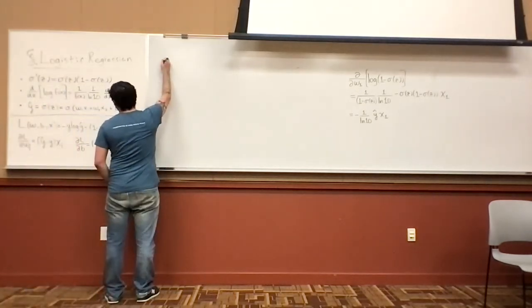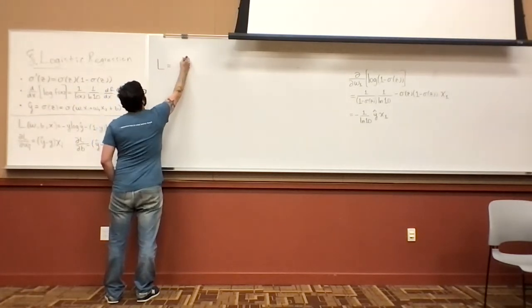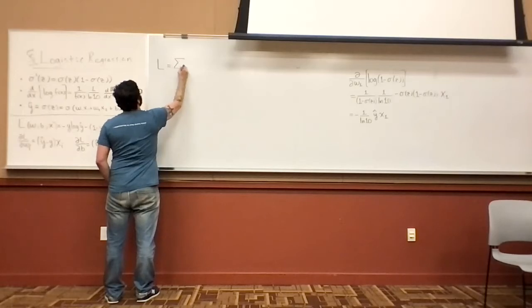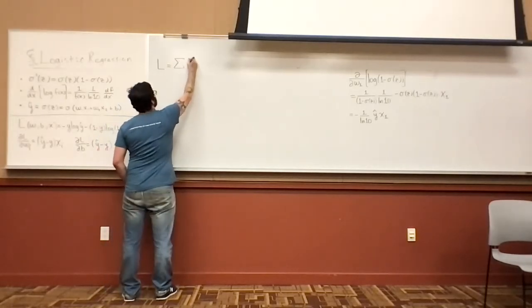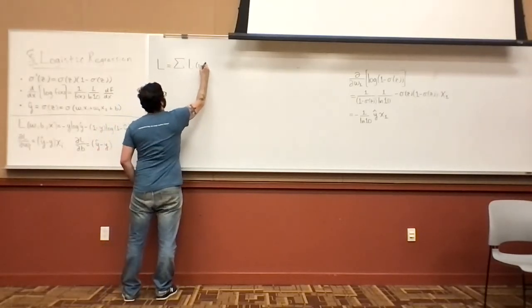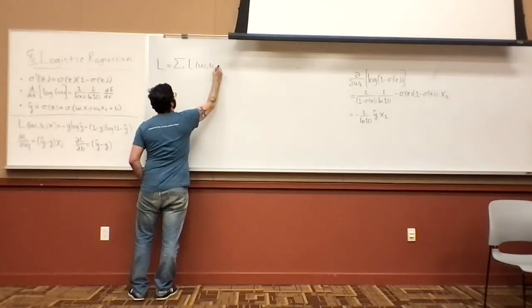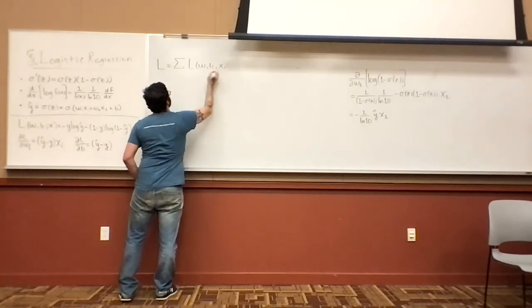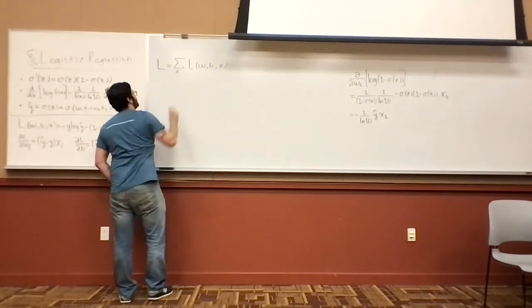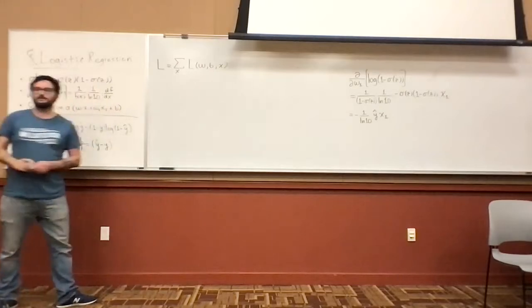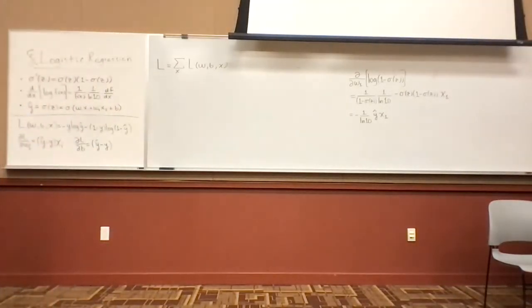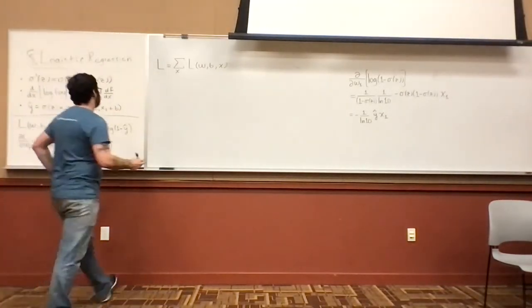So your full loss is going to be equal to the sum of your losses for your weights, bias, given X, over all training instances X, or test instances, right?